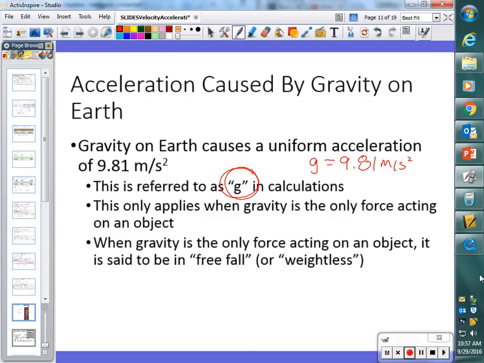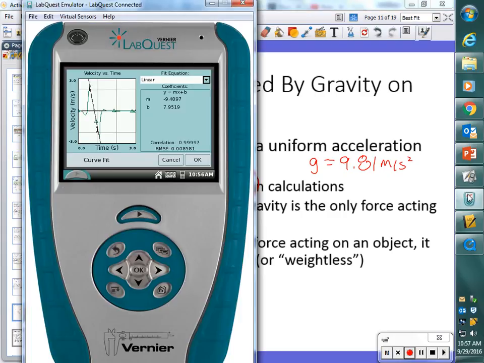Now, going back to our LabQuest picture of the volleyball moving up and down, the slope on the velocity graph here is 9.49. It's not 9.8. Why? Was gravity not affecting that volleyball? Air resistance. Gravity wasn't the only thing affecting that volleyball, right?